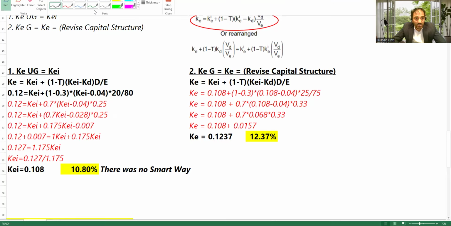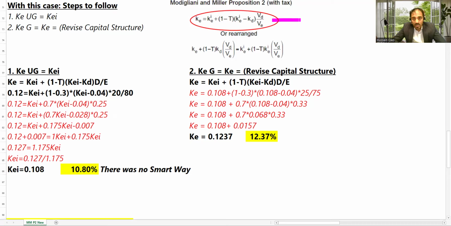But students, with the same formula, if you wanted to calculate the K geared, and KEI is given, the simple smart solution you can use, instead of showing this working, is to find this 12.37 directly.